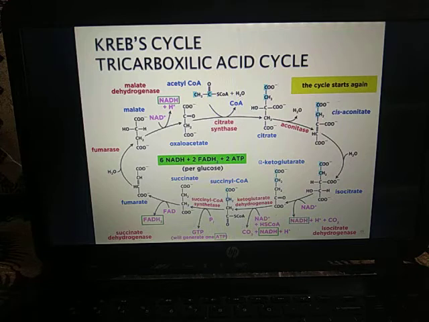the pyruvate. Now, oxidation of pyruvate to the acetyl coenzyme A. Now, pyruvate enters mitochondria through a specific transport protein. It undergoes oxidative decarboxylation to produce carbon dioxide and NADH. The product combined with the sulfur containing coenzyme A to form acetyl coenzyme A or activated acetate.